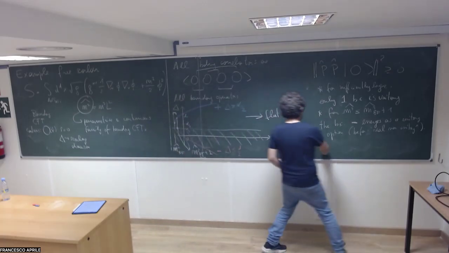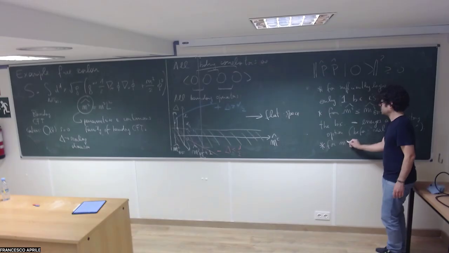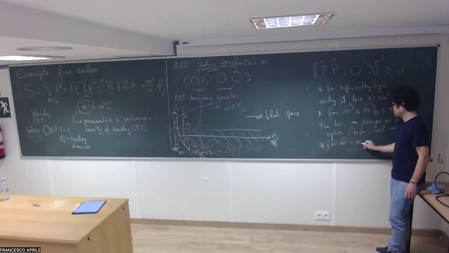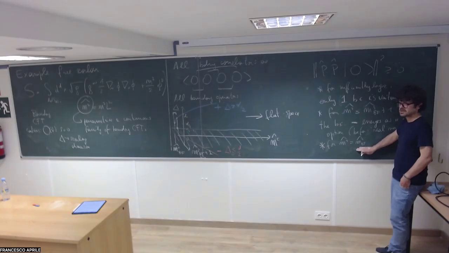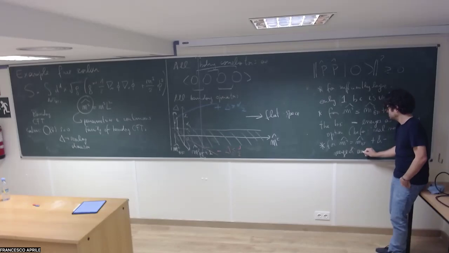the Breitenlohner-Freedman bound, they merge. For m squared equal to the Breitenlohner-Freedman bound, this negative m squared being the minimal value allowed, plus and minus undergo what is called merger and annihilation. What does that mean?